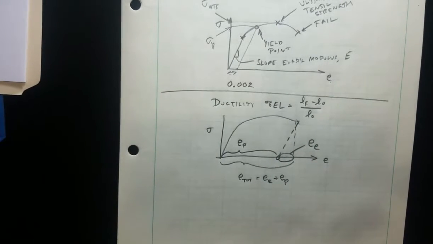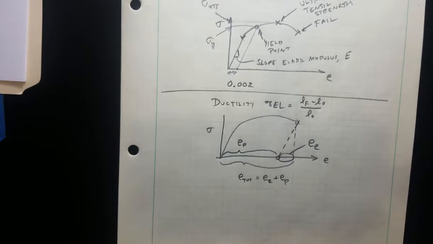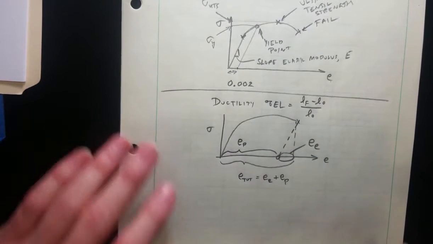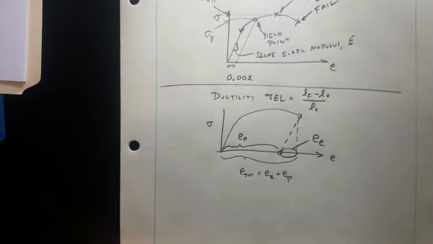And that's how we characterize ductility. Now, ductility, at least the way we drew it, looks a lot like we're taking the area under the curve, but we're not really. Talking about taking the area under the curve is where we start talking about the energy.